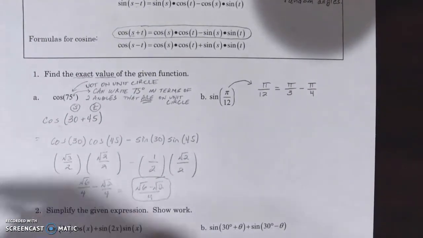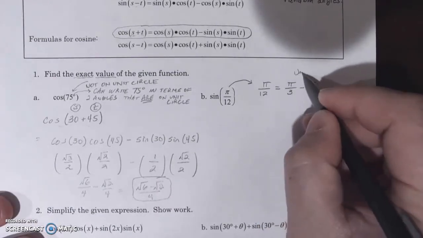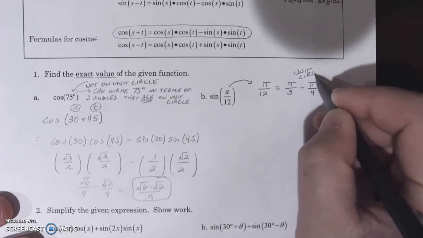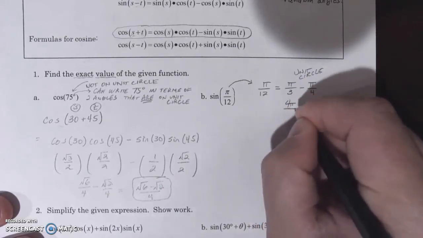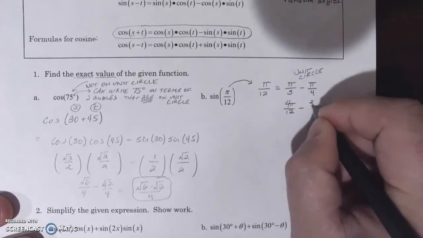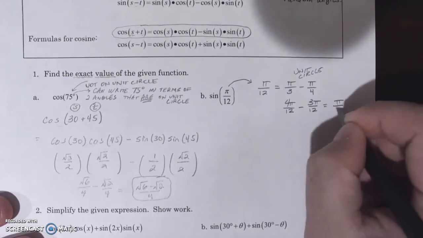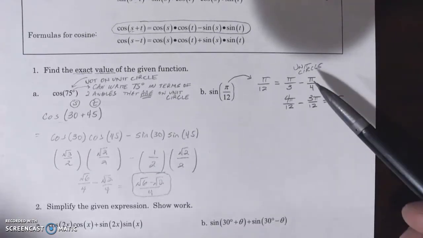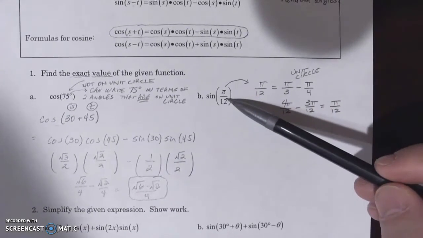How did I know that? Well, in my head I did some common denominators. Pi over 3 and pi over 4, these are on the unit circle. Okay. And I know that pi over 3 would be equal to 4 pi over 12. I know pi over 4 would be 3 pi over 12, common denominators, which is going to give me pi over 12. It is more difficult to figure out two angles that add or subtract when we're working in radians.